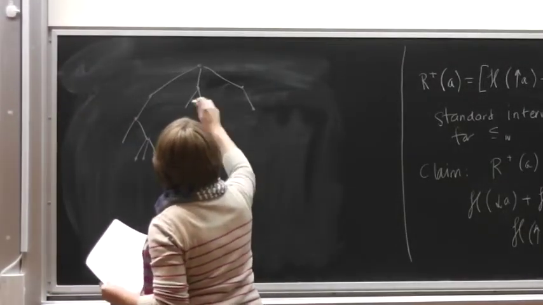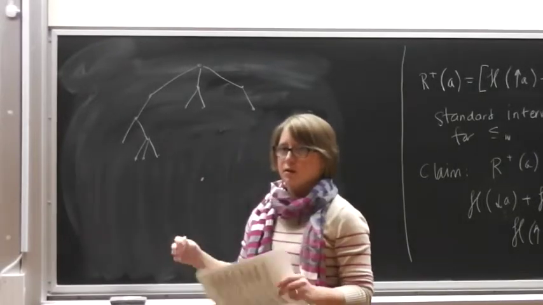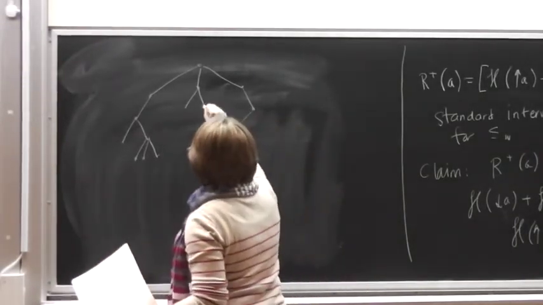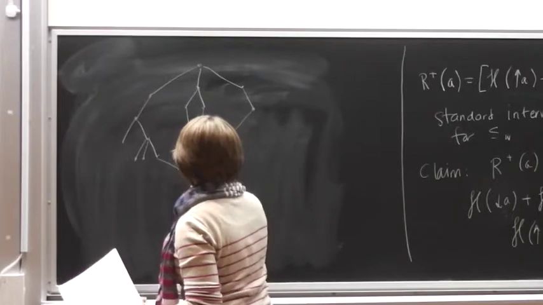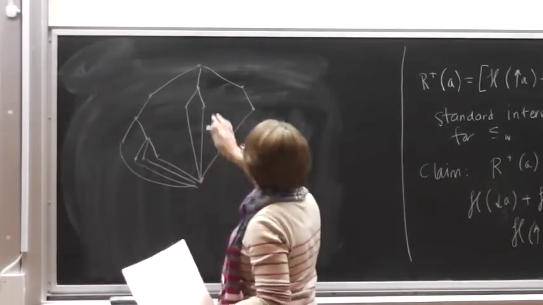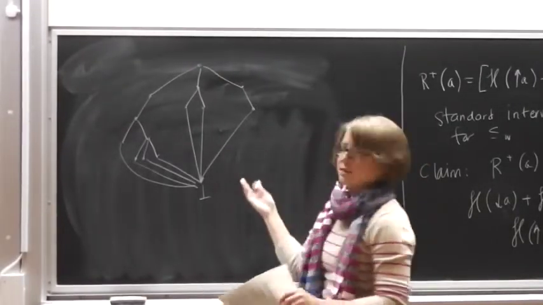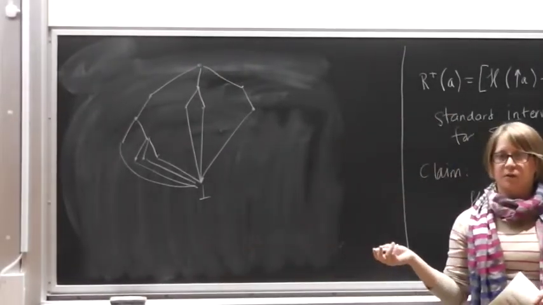Because something being two away from the top doesn't necessarily mean that it's close to the top, right? It could be at the very bottom and really more related to the bottom than it is to the top.